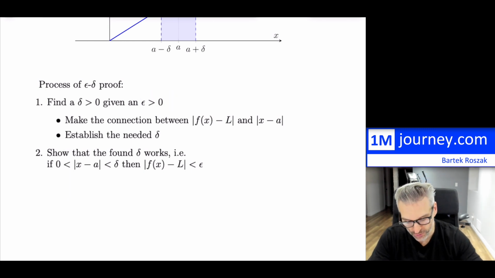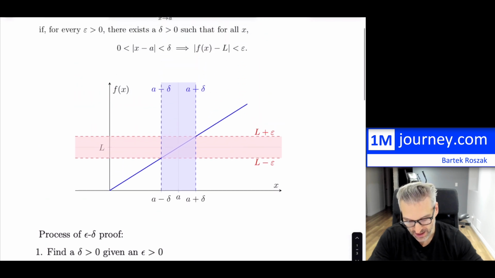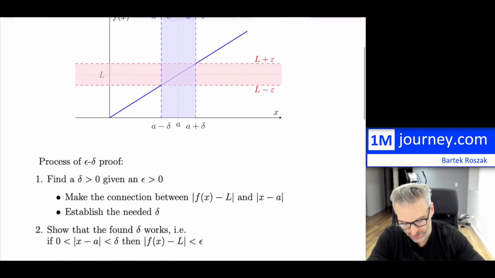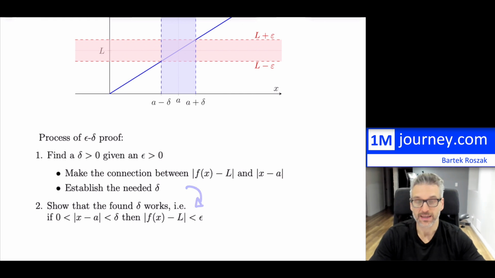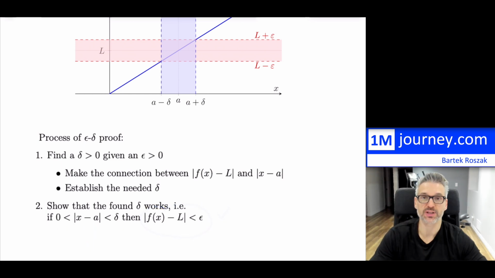Well, you do it by creating a connection between these two, which of course comes straight from the definition. I want to show you how to do that. Once you establish your delta, you move over to step number 2, and then you have to show that if you are within this bound, then this right here is going to be within an epsilon.